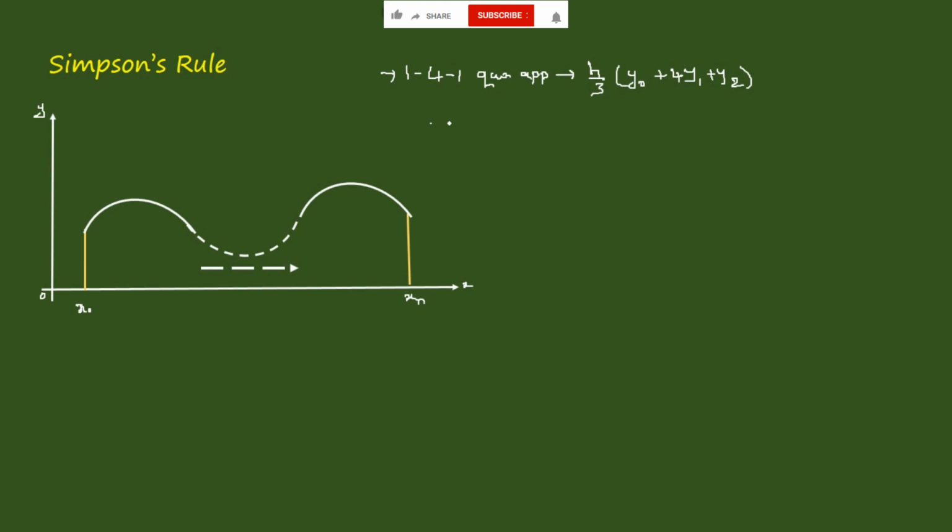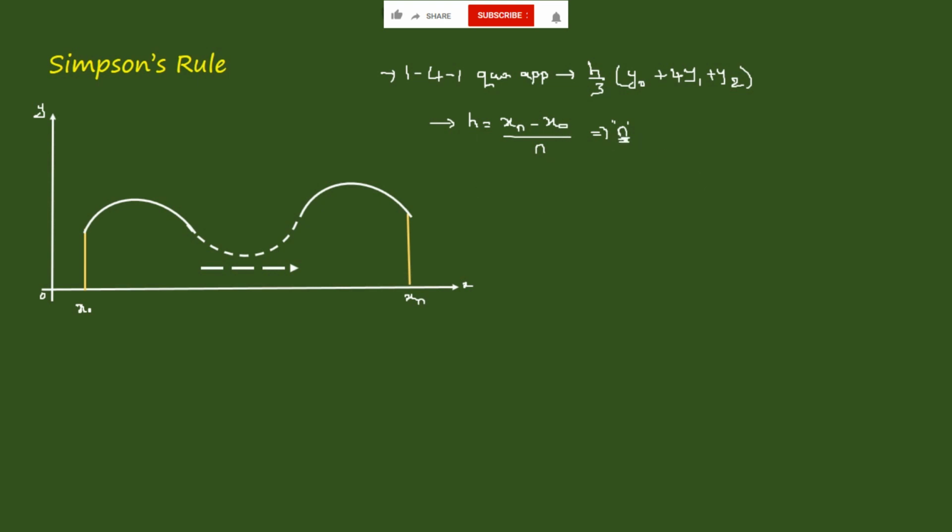Now in Simpson's rule we divide this into parts, subintervals. Then the subinterval h is equal to x of n minus x0 by n, where n is the number of intervals. Depending on this, the accuracy will be more with a larger n value and less with a smaller n value.